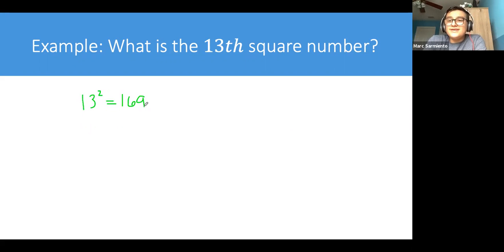I thought about it a different way. I thought it was like disordered with the equation, so I put SN, because square number, and then equals n times n plus 1, over 2.